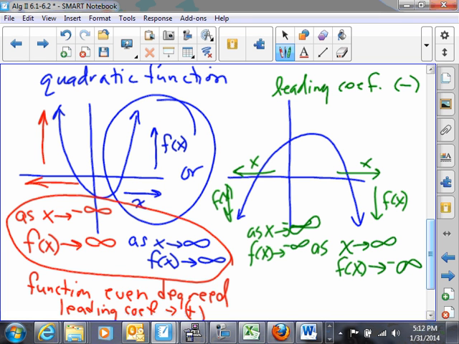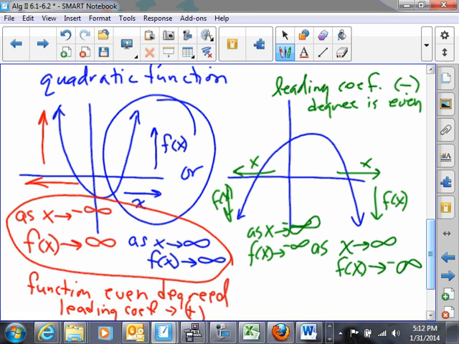And that occurs when the leading coefficient is negative and the degree is even.